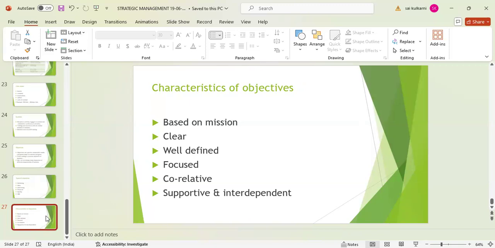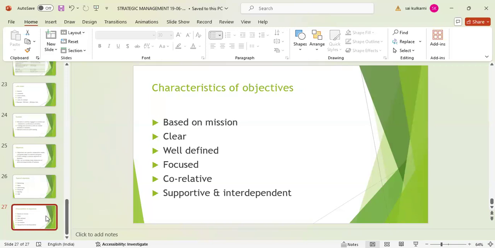Then objectives should be very clear. If your objectives are very clear, then only you can work with confidence and in a very focused manner. Then they should be well defined. The next point is objectives are well defined, then it is easy to work out. Then objectives should be focused.